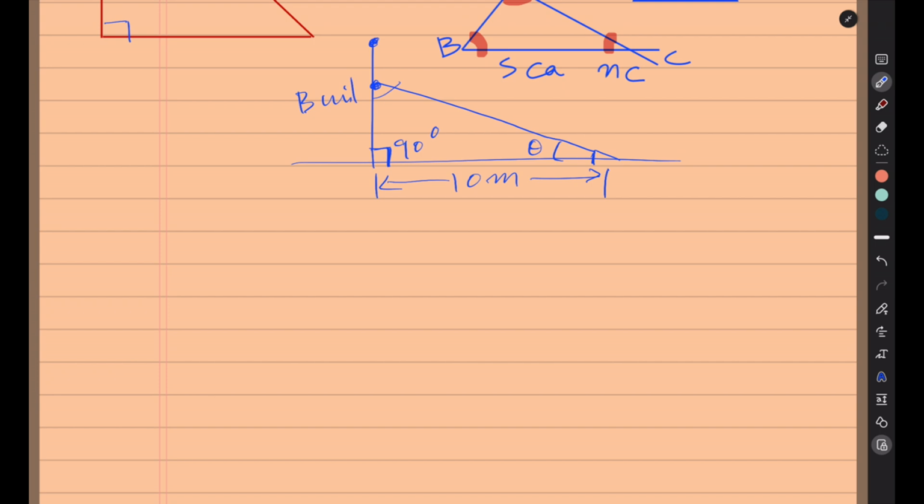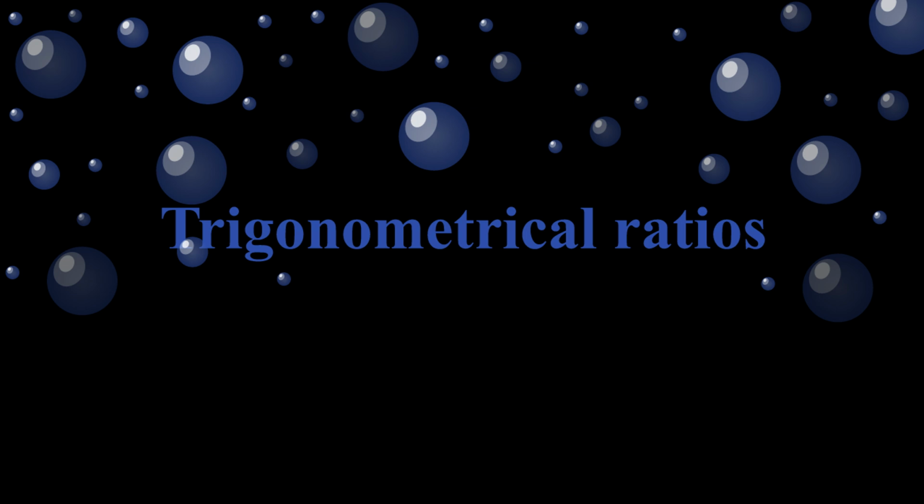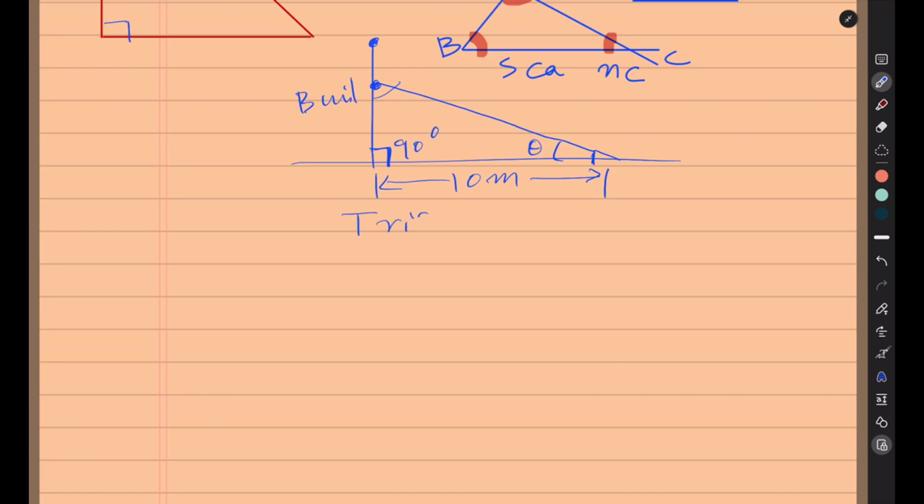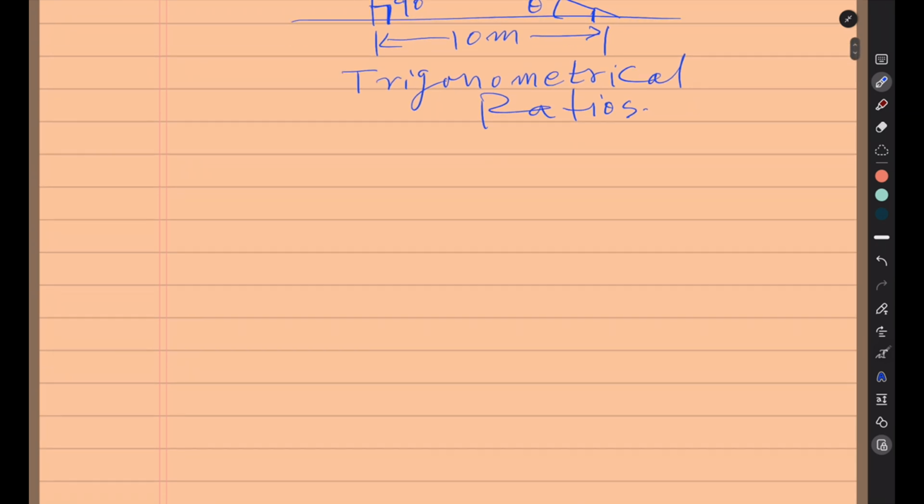So what we will talk about first is something called trigonometrical ratios. What is a trigonometrical ratio? By ratio, you know that it's a kind of fraction, or it is a division between two numbers. For example, if you divide 2 by 3, then this is a kind of ratio.